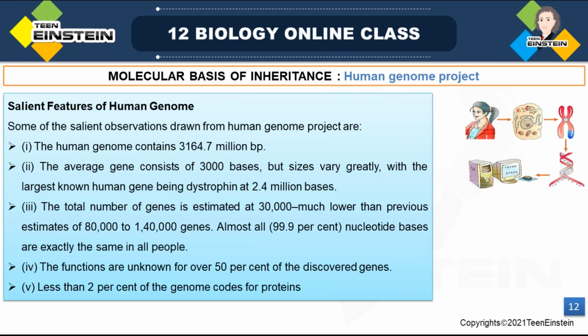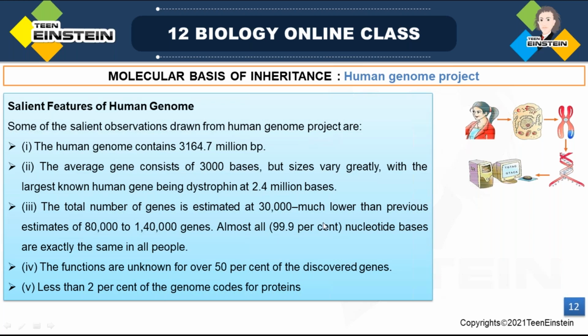The average gene has around 3000 bases, but the size varies from gene to gene, and the largest known gene of the human genome is dystrophin. Note down these important points. Many MCQs come from the salient features of the human genome, and it is important for the board exam also.